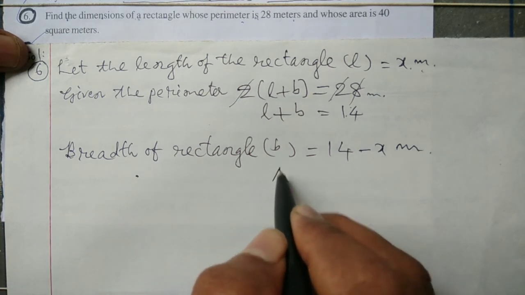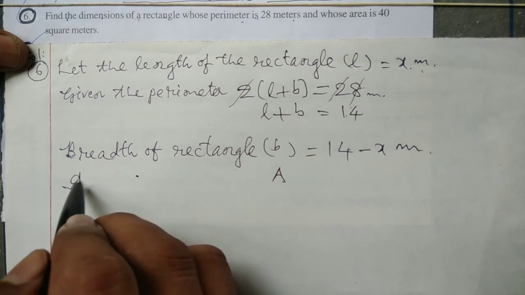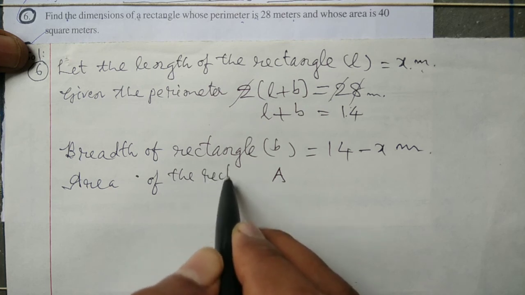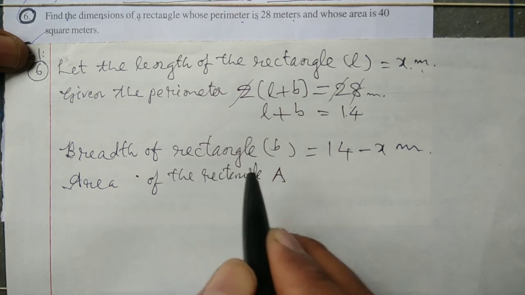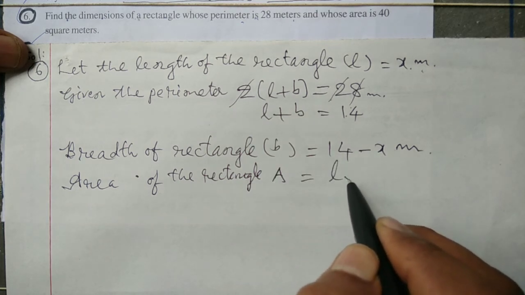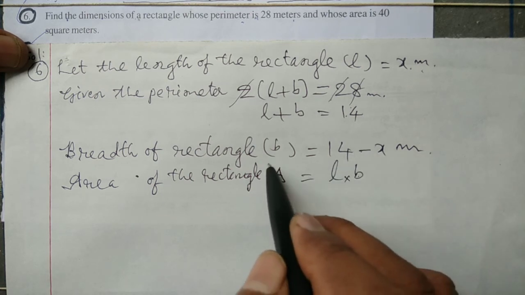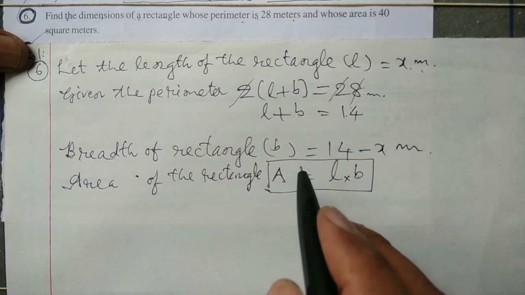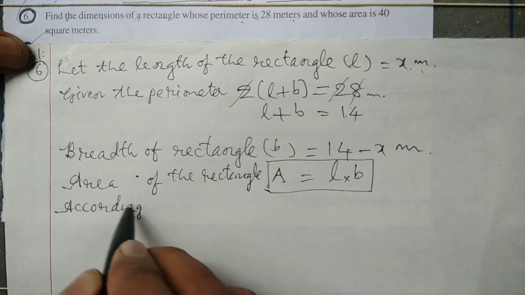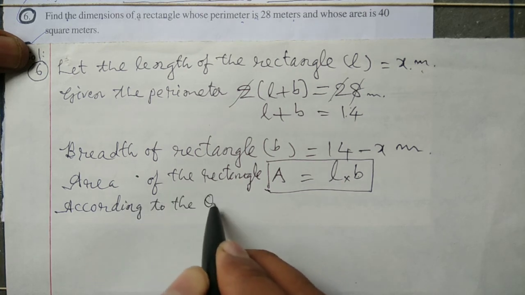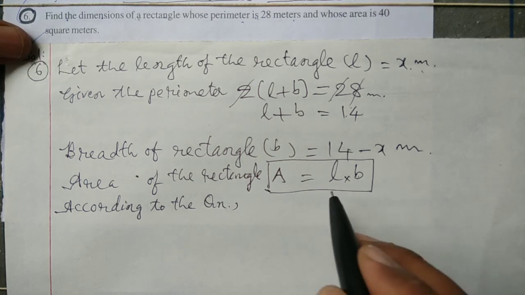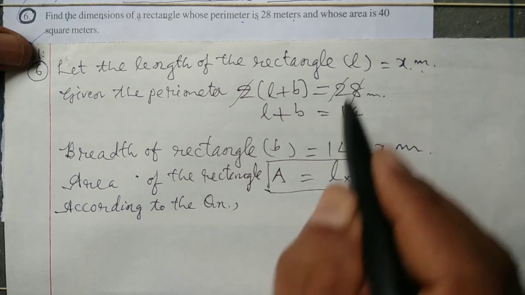Area of the rectangle A is equal to LB, length into breadth. This is the formula. According to the question, area is given 40 square meters.